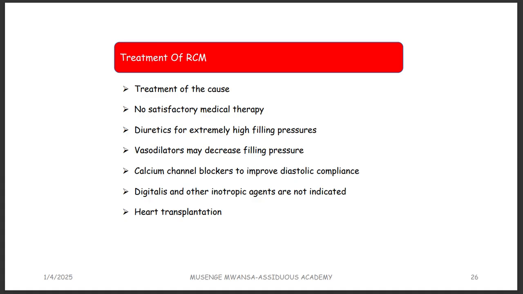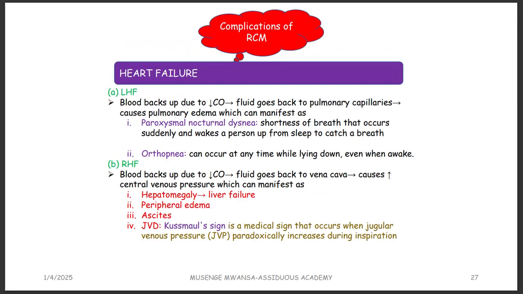So we can simply use the letters A, B, C, D. A is alcohol, B is beriberi, C can be cocaine toxicity or Chagas disease caused by Trypanosoma cruzi, right? And another C can be Coxsackie B virus, and then the D is going to be doxorubicin. At least you can know alcohol is the most common. You can also learn of beriberi and Chagas disease.